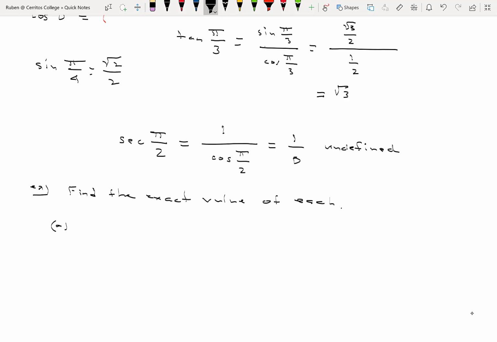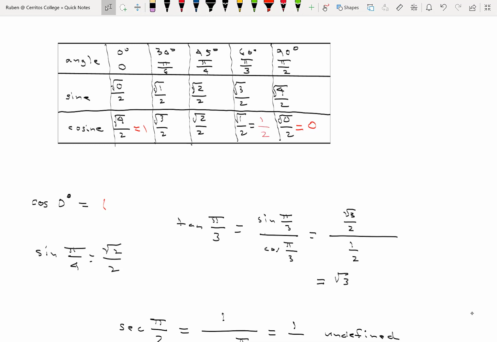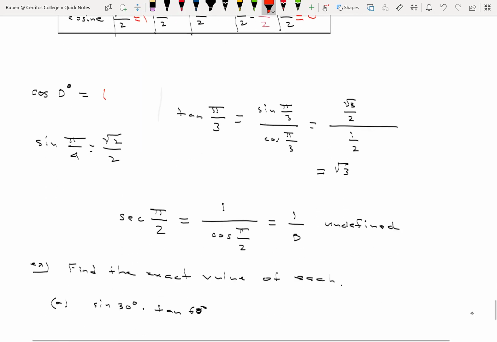Part A, suppose I want the exact value of, let's say, something like the sine of 30 degrees times the tangent of 60 degrees. It's funny looking, tangent of 60 degrees. Well, chart of special values. The sine of 30 degrees is, look up 30 degrees, look up sine, radical 1 over 2, which is 1/2.